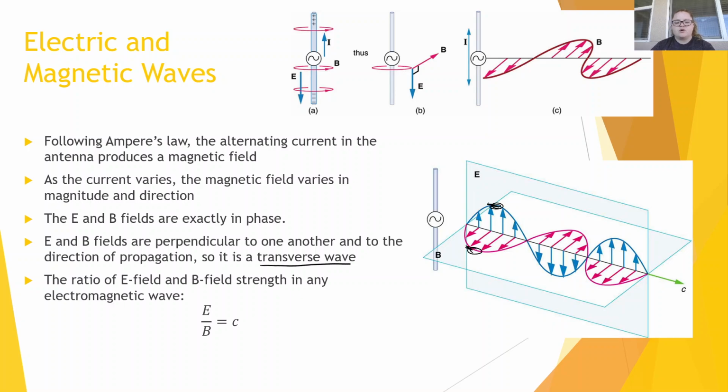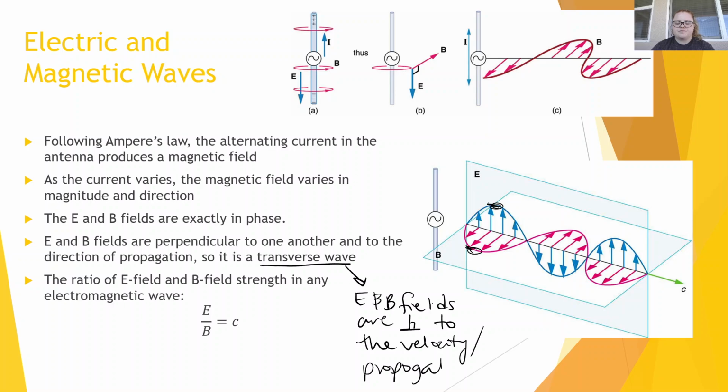Okay, so it's a transverse wave because the E and B fields are perpendicular to the velocity, or direction of propagation.